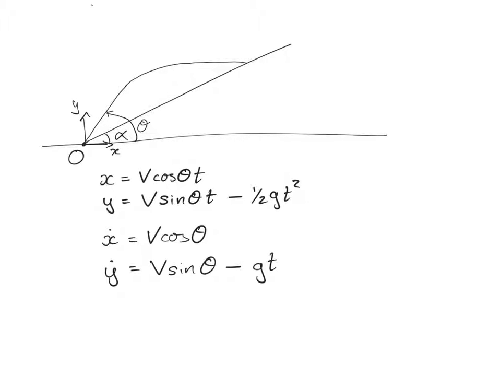So we know that it hits here horizontally, so we know that y dot is 0. So when it hits, y dot equals 0.